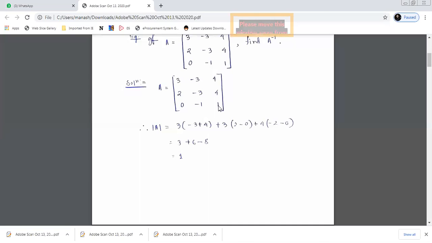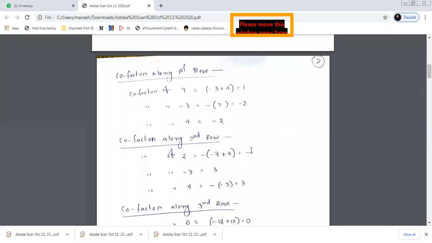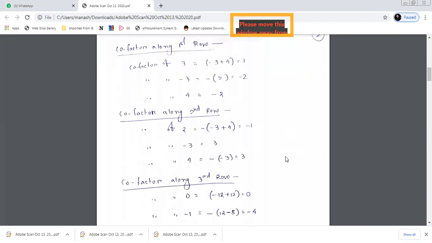What do you get? Minus 3 into 1, minus 3, minus 1 into 4, so plus 4. So you get 1 from here, but a minus sign will come, so it will be minus 1. This comes from the property of cofactor. So in this way we can find the cofactor of any element of a matrix.